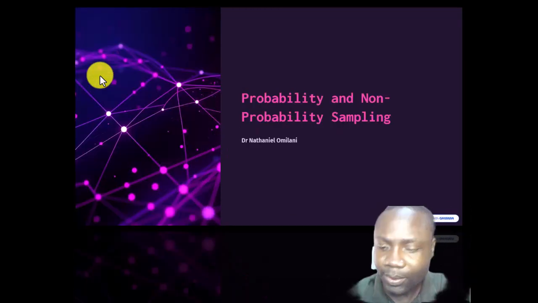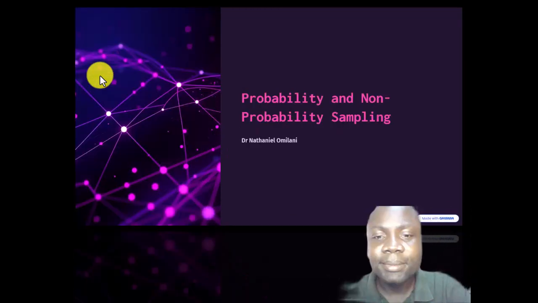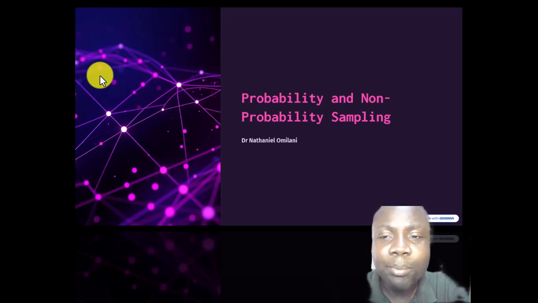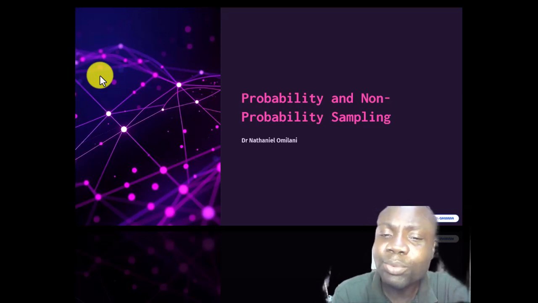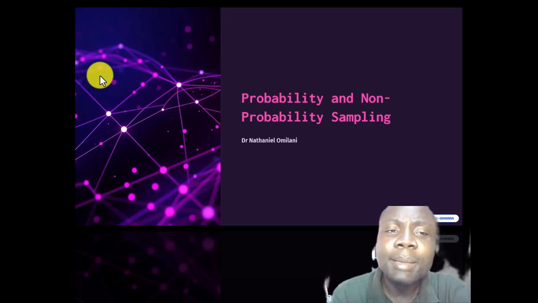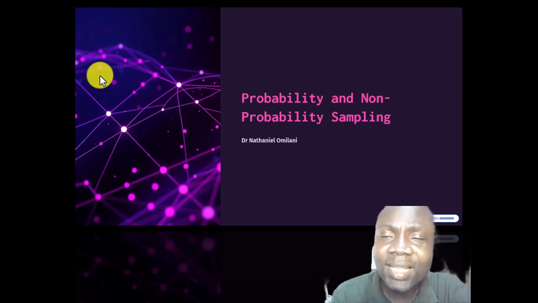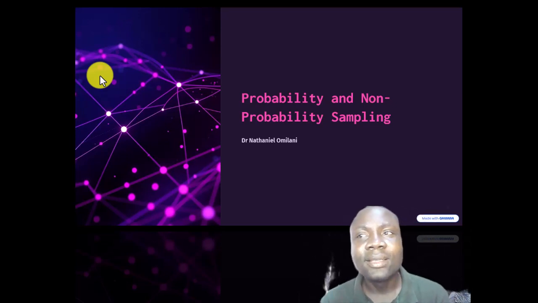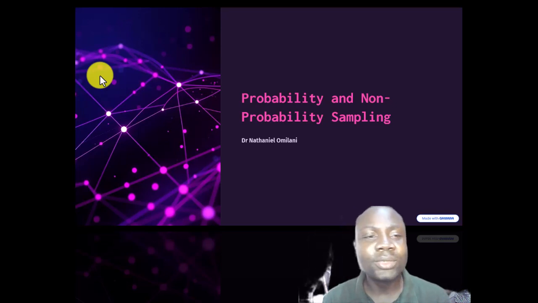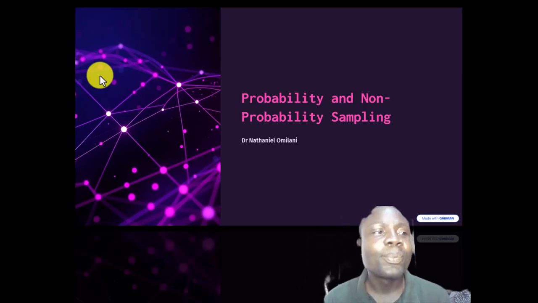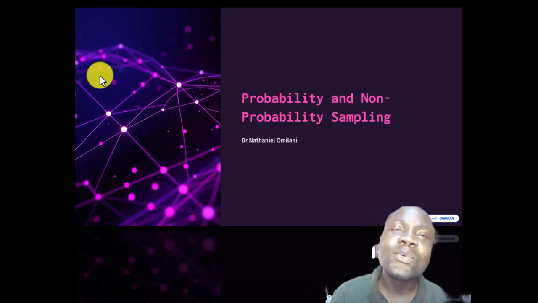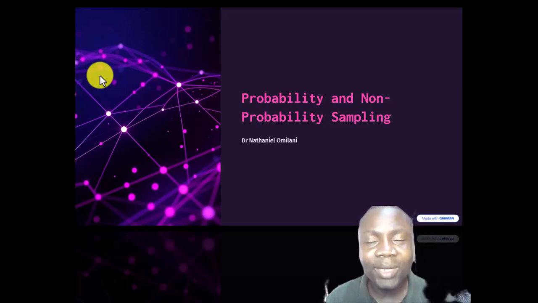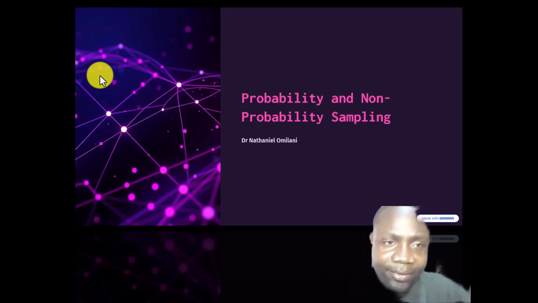In this video, I would be discussing probability sampling and non-probability sampling. I will start by making you understand that in any research that you are carrying out, the information that you will turn into data is received from respondents who are representatives of a particular population that you are investigating.